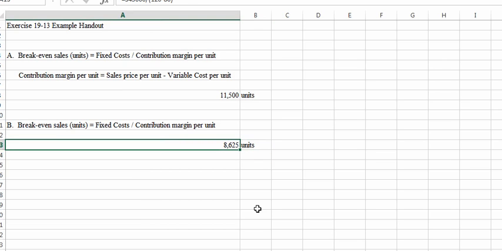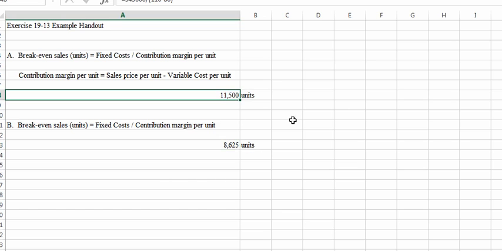Now, what this company needs to ask themselves, at break even at $120 a unit, we only have to sell 8,625 units. So will it be easier to sell 8,625 units at $120 each, or would it be easier to sell 11,500 units at $110 each?